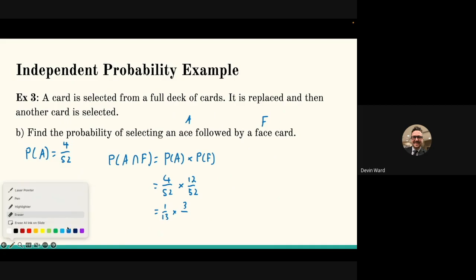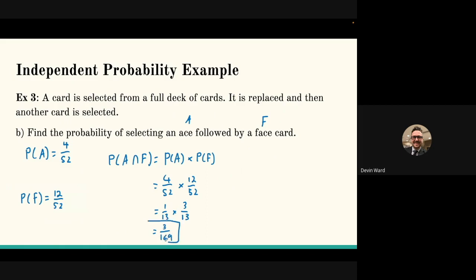Over 13, which would give us 3 over 169. So there's a 3 in 169 chance of getting an ace followed by a face card.